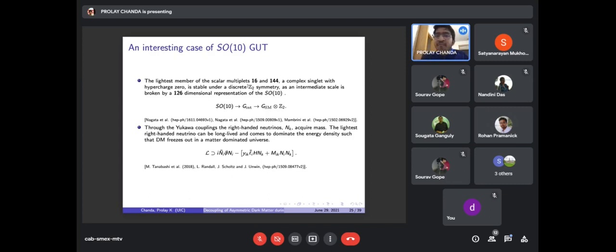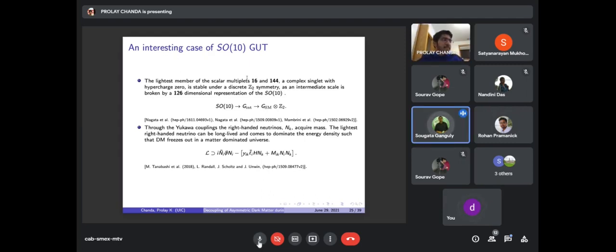The 16 and 144 is not relevant here. Just think that there can be many particles under a multiplet in a certain group, and the lightest one will be the most stable under the symmetry. So that's why I consider the lightest one. Okay. Thank you.